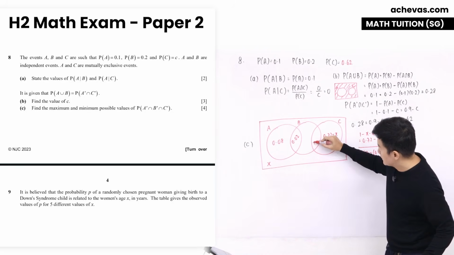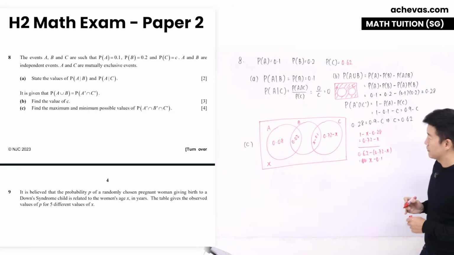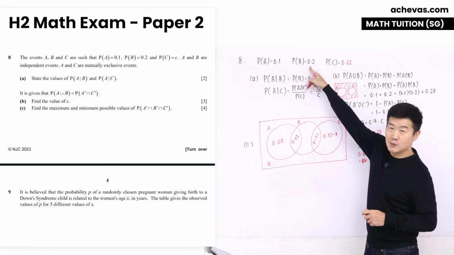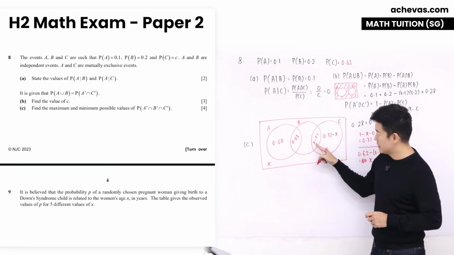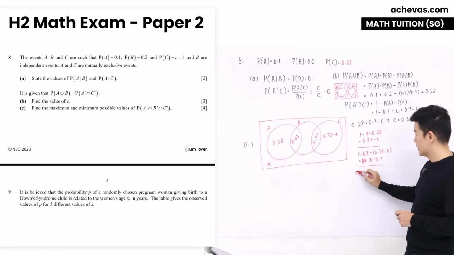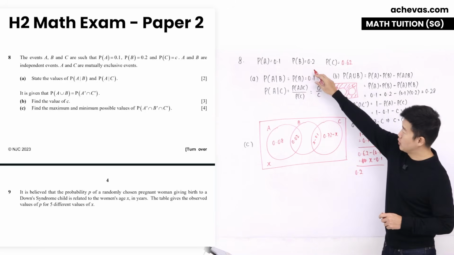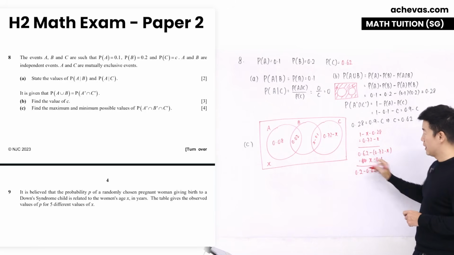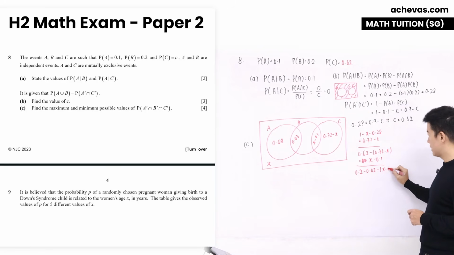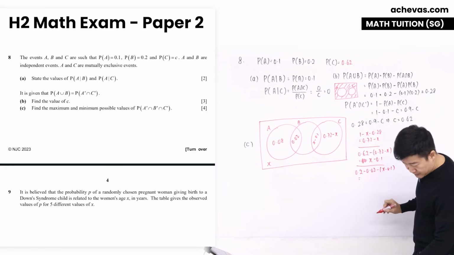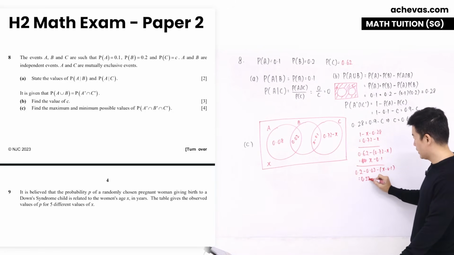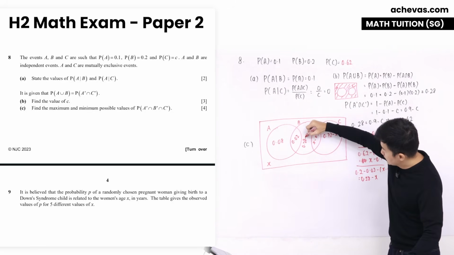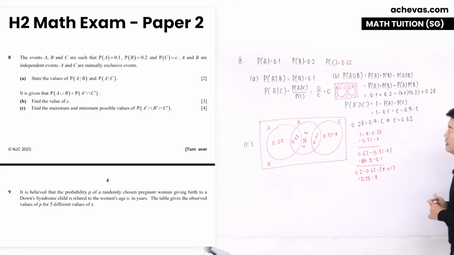So here, X minus 0.1. And one last region that we can fill will be using 0.2, which is the probability of B, minus this, 0.02, minus X minus 0.1. And this is equal to 0.28 minus X. So here, 0.28 minus X.